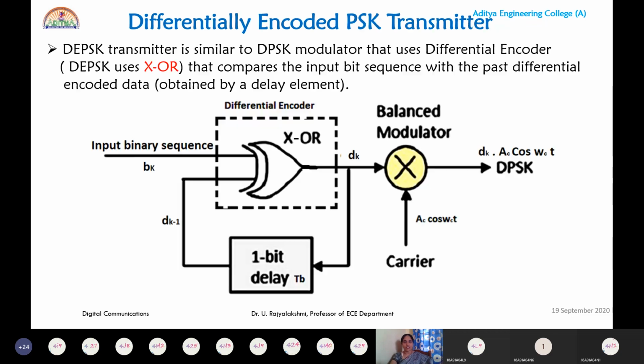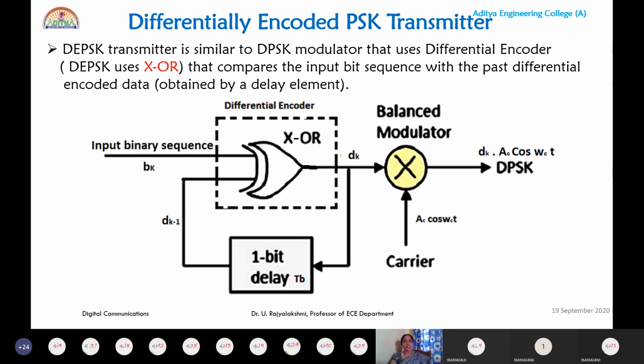Now let us move to the next slide. In DEPSK, as I already told you, the transmitter is almost similar to the DPSK transmitter section, because DEPSK is a combination of the DPSK transmitter section and BPSK receiver, with a slight modification in the circuit. Please observe the DEPSK transmitter section.